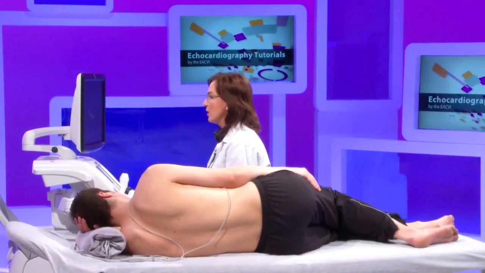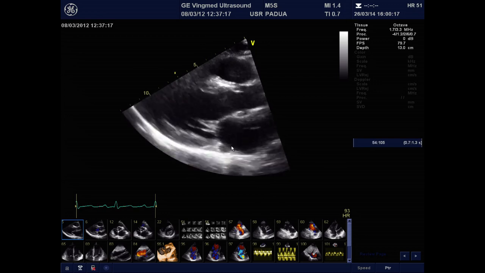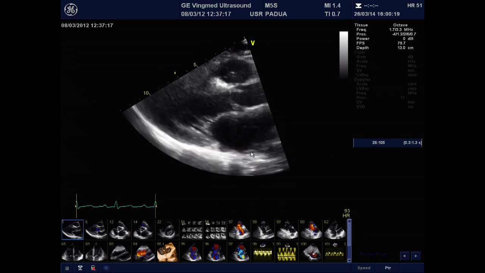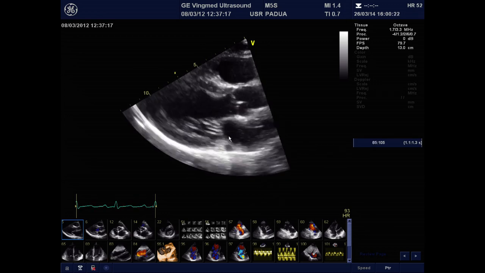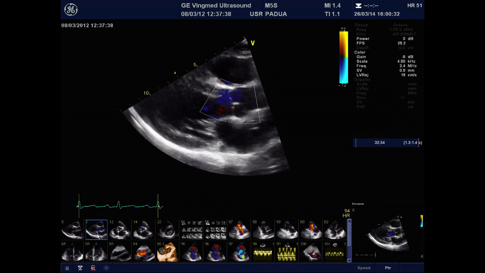There is a normal left ventricle with a good radial shortening, and also the left-sided valves, the aorta and the mitral valve, look quite normal. And this again gives some important ideas about the regurgitation mechanism.